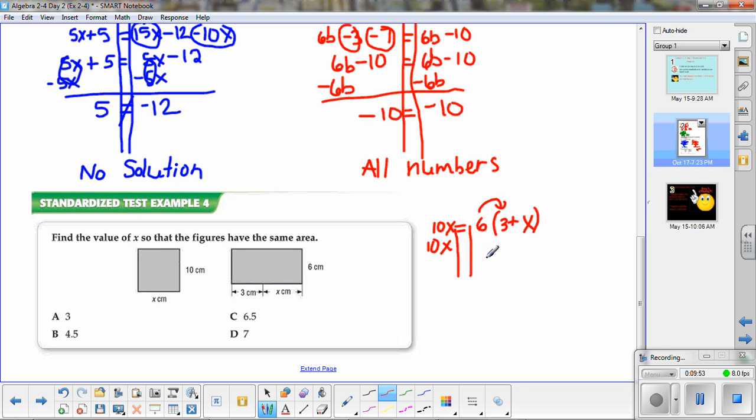6 times 3 is 18. 6 times x is 6x. Now we have variables on both sides, so I'm going to go ahead and subtract 6x from both sides. 10x take away 6x is 4x.